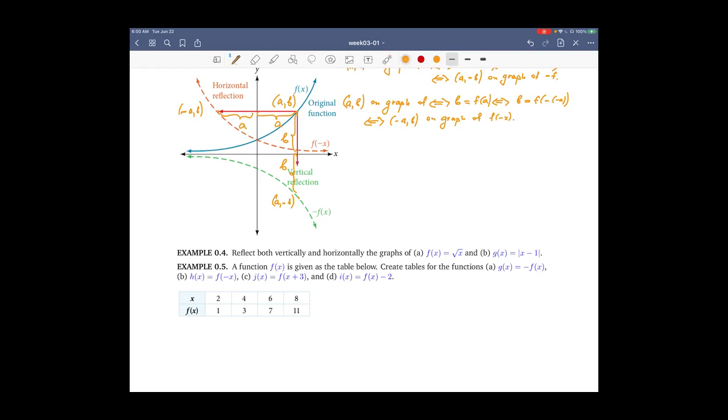Let me draw a coordinate axis. Let's start with the graph of square root of x. We know it looks like this.